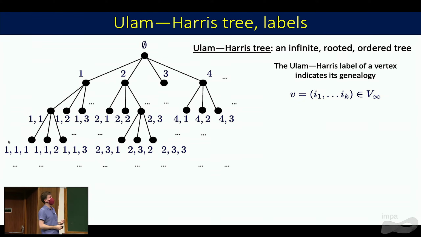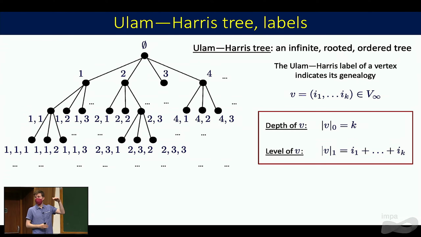If you have a vertex in the Ulam-Harris tree, then this Ulam-Harris label tells you about the genealogy of this vertex. The last coordinate tells you which child am I of my parent, and so on.